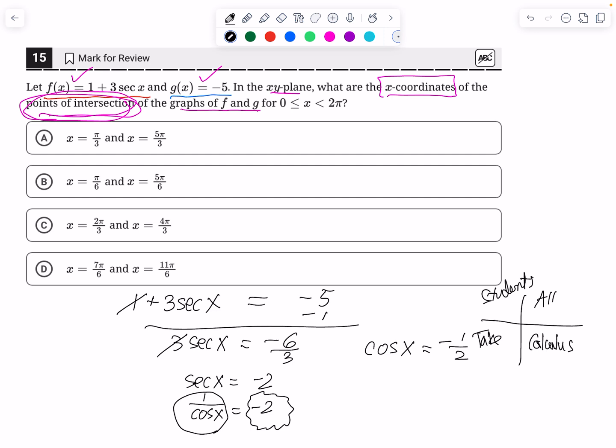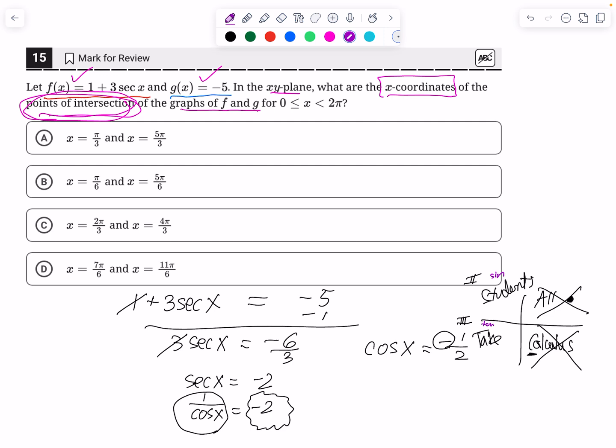All means everything is positive in the first quadrant, but remember we have a negative, so I'm going to cross this out. Also, C means cosine is positive in this quadrant, but it has to be negative. So the only two quadrants I'm thinking of are quadrant 2 and quadrant 3, because only sine is positive in quadrant 2 and only tangent is positive in quadrant 3.